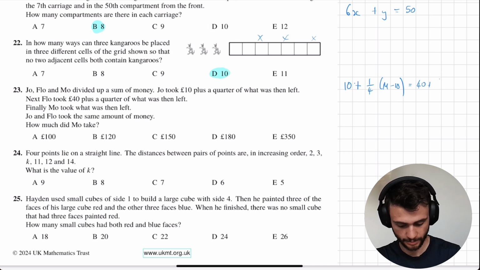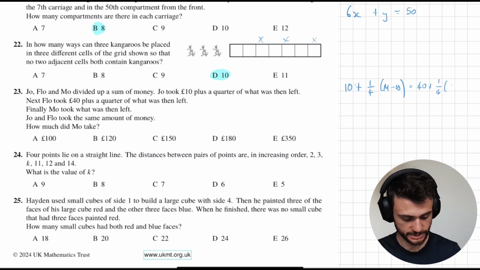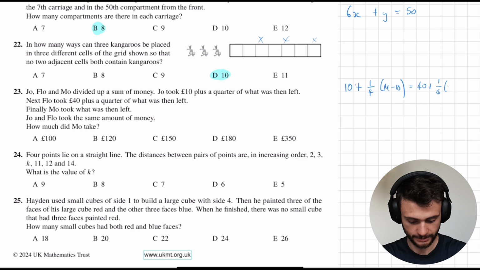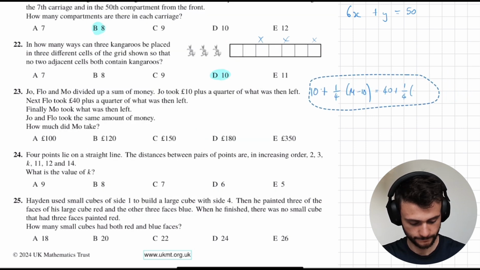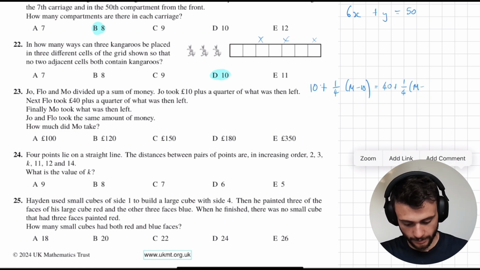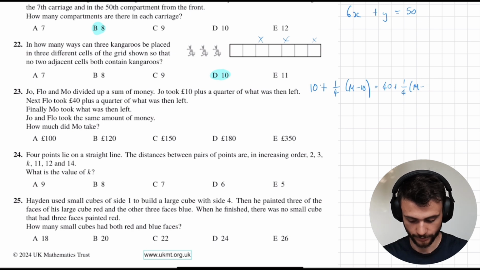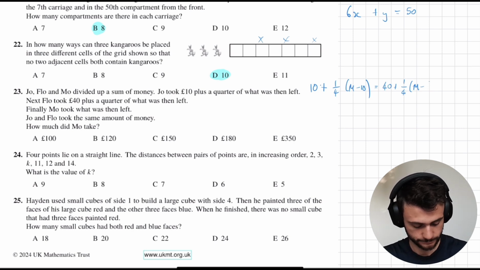plus a quarter of the amount of money left, which is now, and I'm going to need a little bit more space to write this, M minus Joe's amount, and it's also minus 40 for the amount that Flo just took.